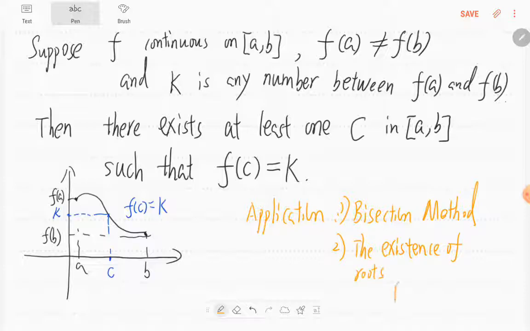That means if you have f of x equals 0, can you guarantee this function has a root? We need to use the IVT theorem to get this result. If you are interested in these two applications, you can look at your PowerPoint lecture. There are some examples. We will not focus on these topics.